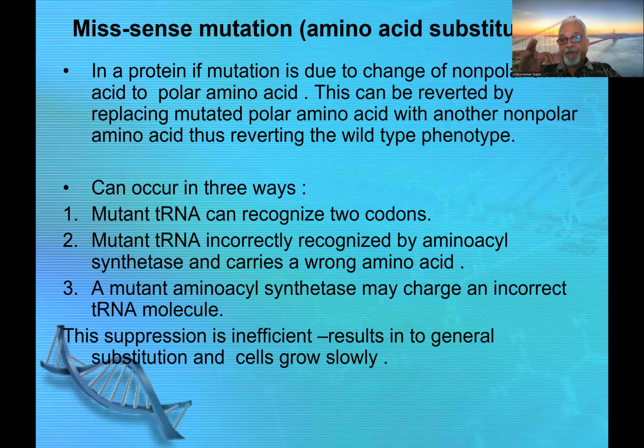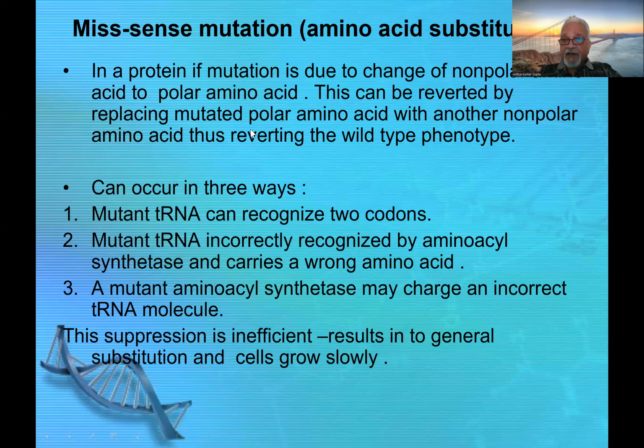So from wild type to mutated version, and from mutant to revertant. So what is happening from polar to non-polar, and here non-polar to polar? So it is the substitution of amino acids. Reversion takes place because of the reversion of polarity of the amino acids.